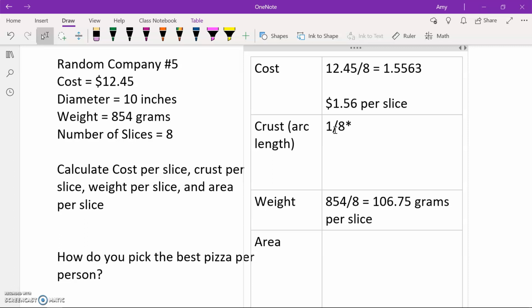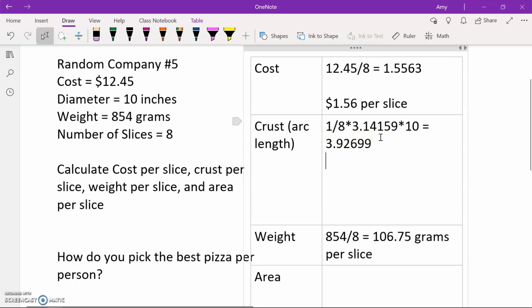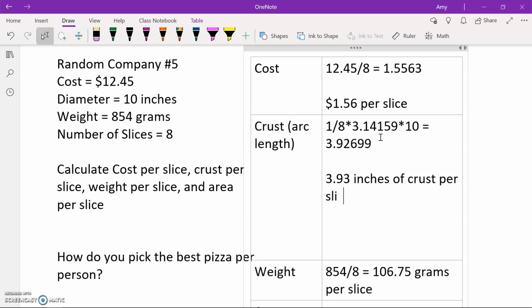To find our circumference, I'm going to use pi, so I'll just use 3.14159. That's a lot of decimals to help make sure it's accurate. And the formulas for circumference are either 2 pi r or pi times diameter, so I can just do that times 10. And we get about 3.93. And so we would be able to say it is about 3.93 inches of crust per slice.